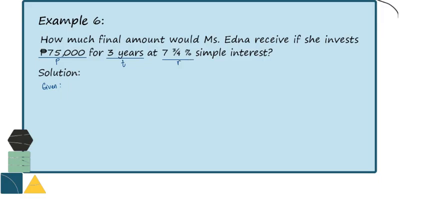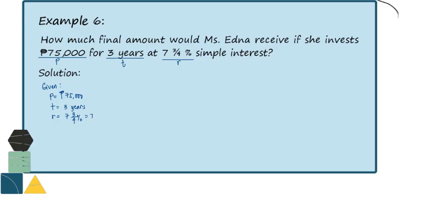And then we are going to write this down. P is 75,000 pesos. T is 3 years. And then R is 7 and 3/4%. So, if you look at the forms of these values, okay naman si principal, okay naman si time, yung R na lang natin, kasi kailangan naka-decimal form.